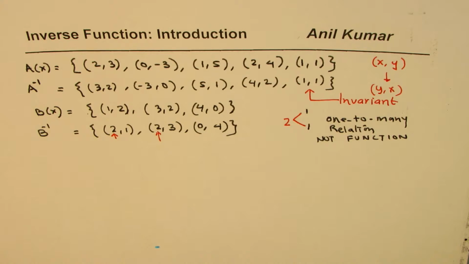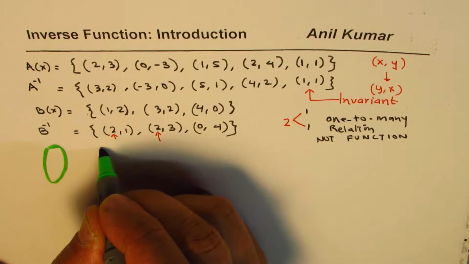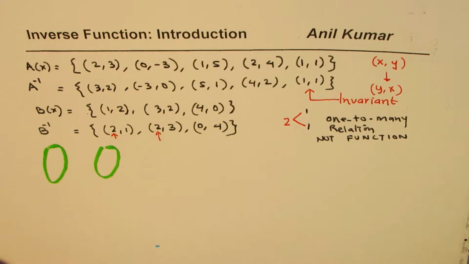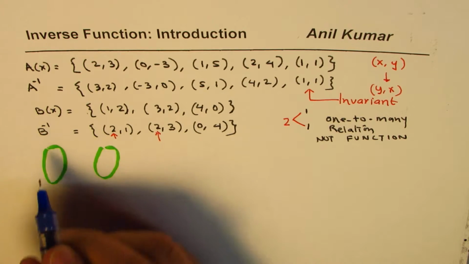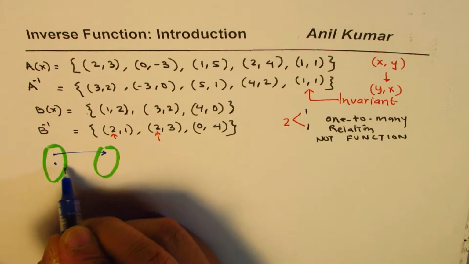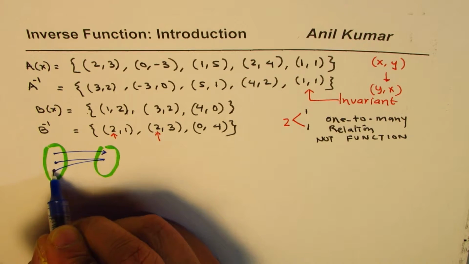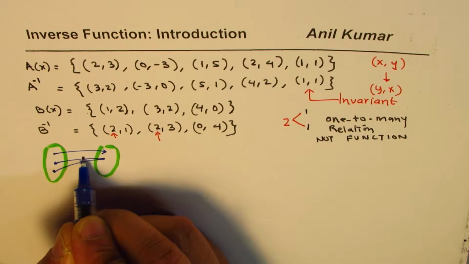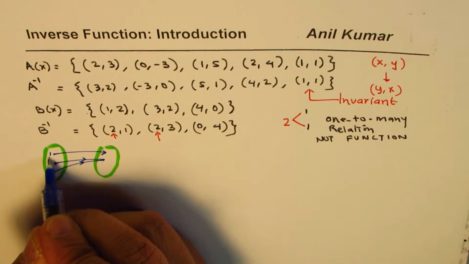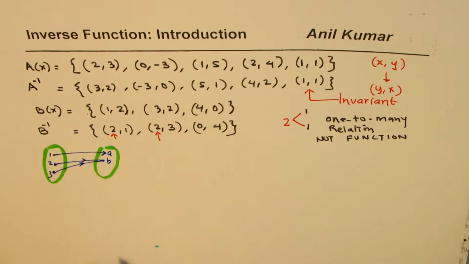The other way was to use mapping diagrams. You could represent functions in many different ways, and let us say if I represent this function kind of like this, we have some values here and they are mapped to this domain. Let me take 3 points only this time also, and let's say these are the arrows. So we are mapping 1, 2 and 3 to, let's say, points a and b.